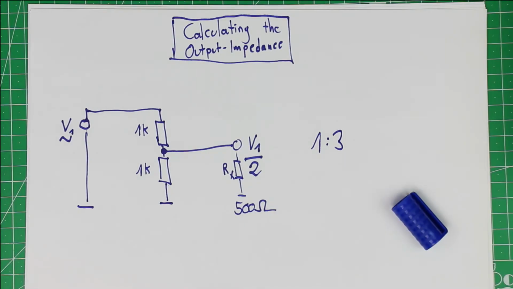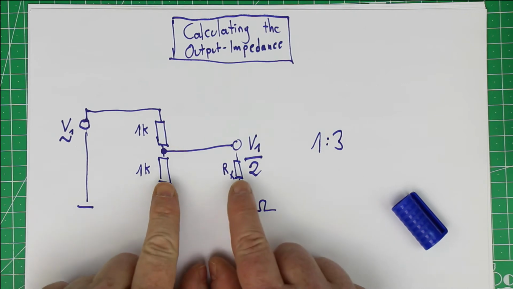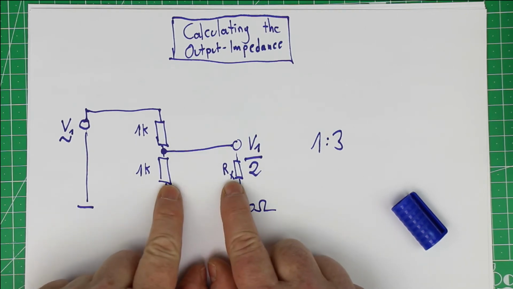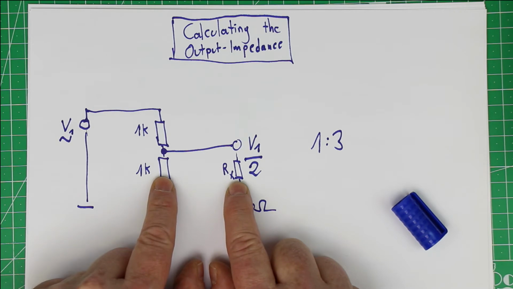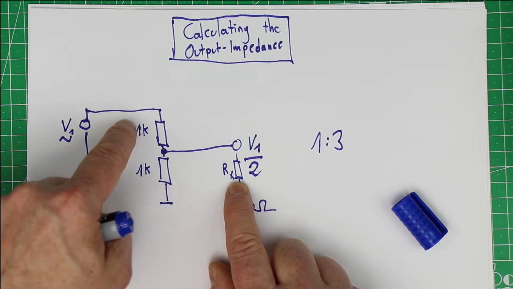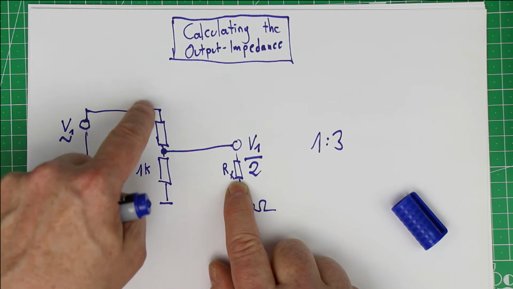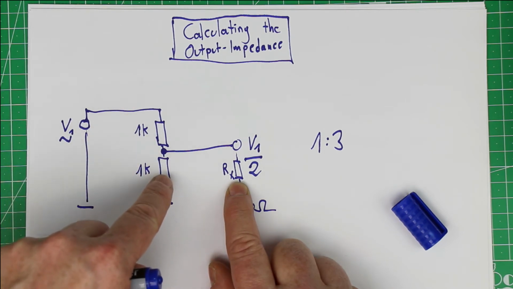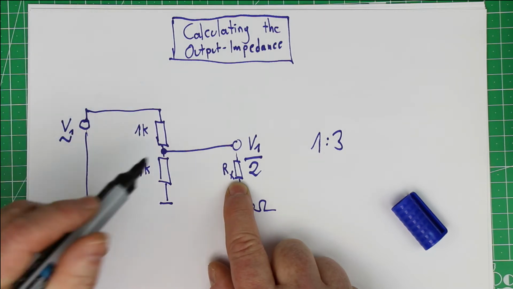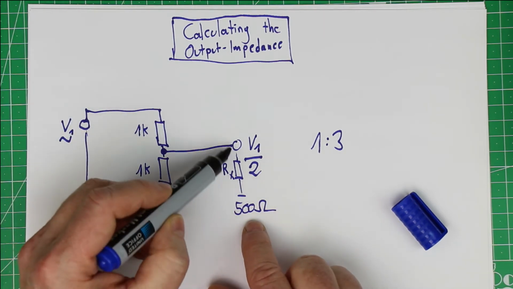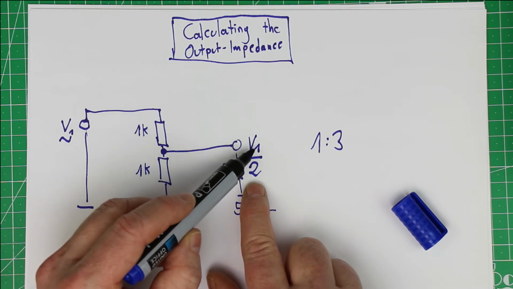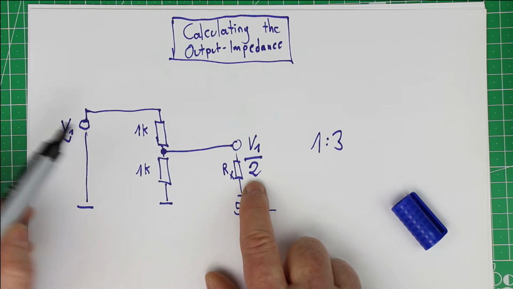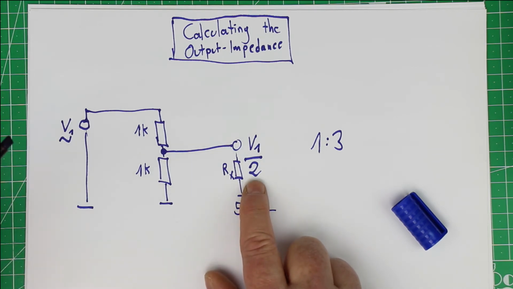Now, why is that? Again, think for a second. If the two parallel resistors here, this 1K and this unknown load resistor Rx, are exactly 1/3 of this 1K resistor, then the voltage will divide in a ratio of 1 to 4. So then we get 1 here on the loaded output. We get 1/4 of the original voltage, and that was exactly what we are seeking.